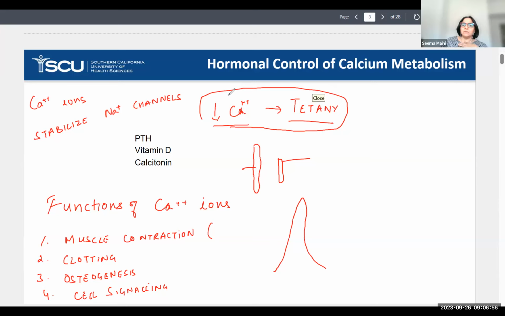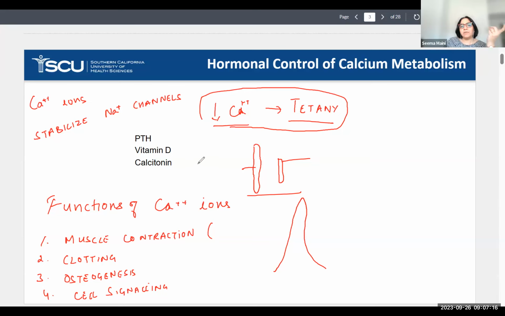Inactivation of sodium channels? Yes, they delay. You're right, yes, inactivation of sodium channels. So the sodium channel inactivation gates remain open if there is hypocalcemia. Make sense?